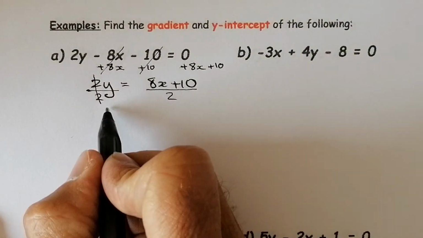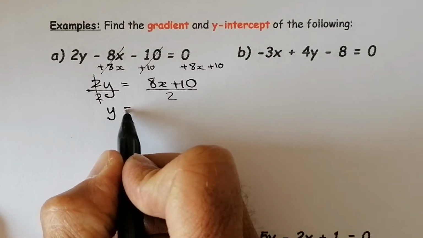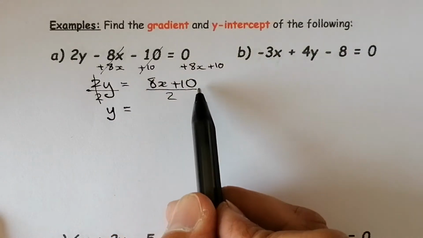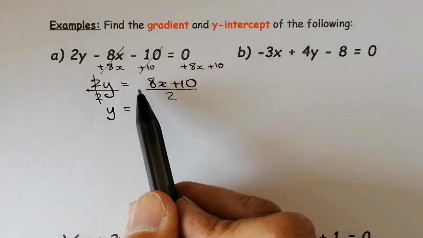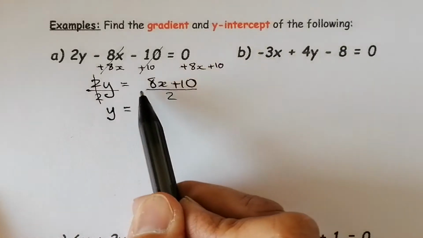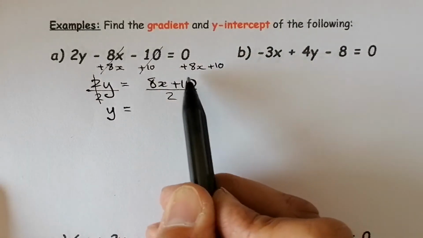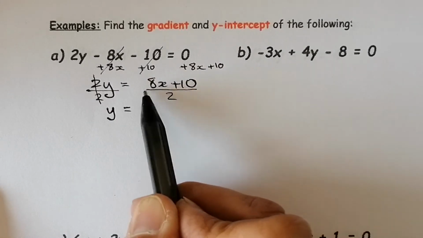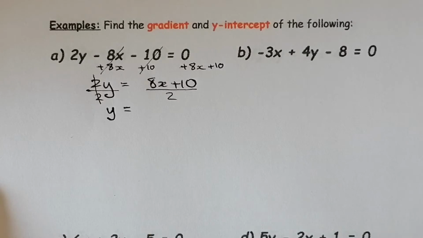So on the left hand side that leaves me with y is equal to, and this bit here is going to be important to us as we go forward and do some simultaneous equations. So I'd like to see that in your working, like 8x plus 10 all over 2.